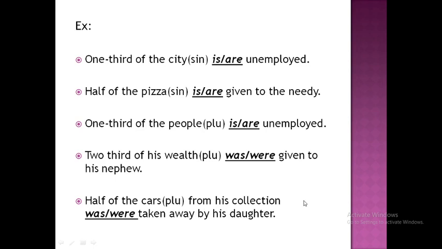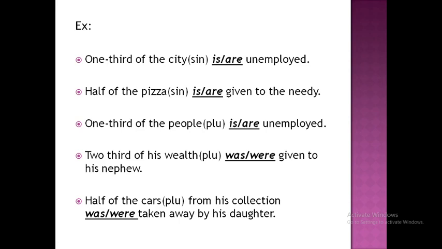From his collection is just a supportive combination of words, but half of the cars is the main subject, which is in plural form as cars. This is not just car. And what portion is discussed, that is half of the cars, meaning as many cars as are there with that person. Half of the cars from his collection were taken away by his daughter.